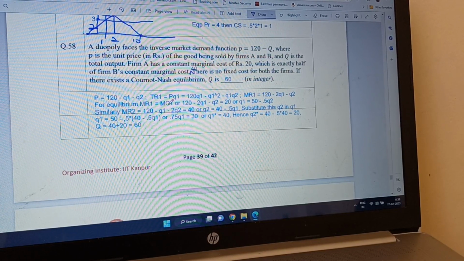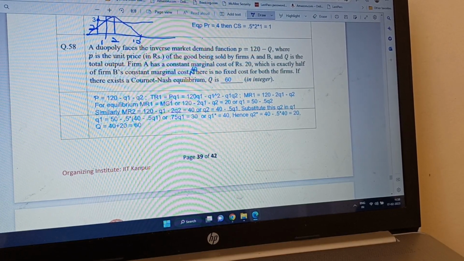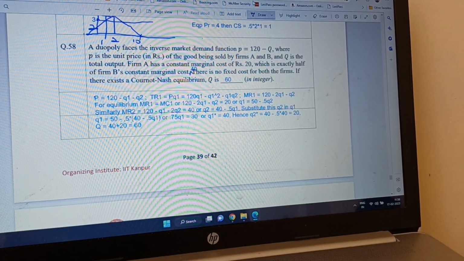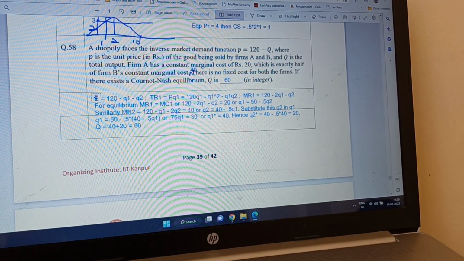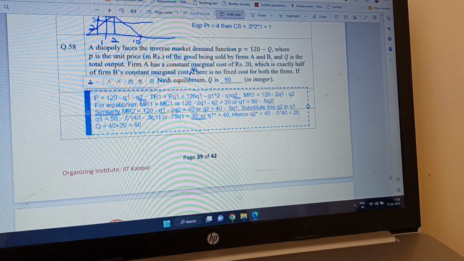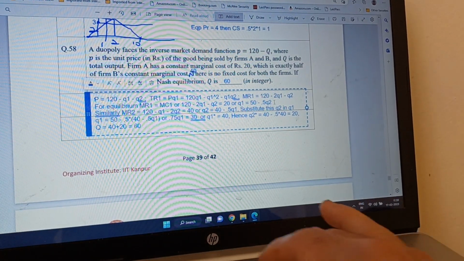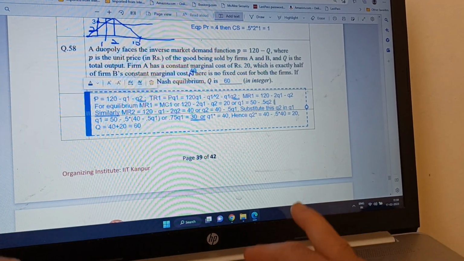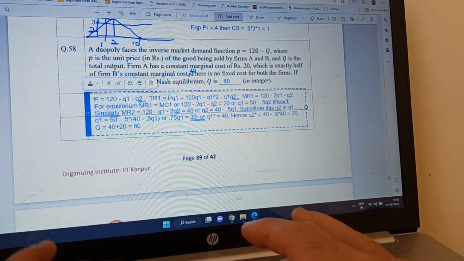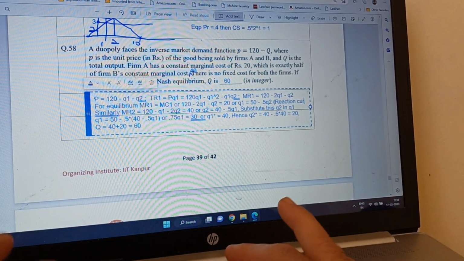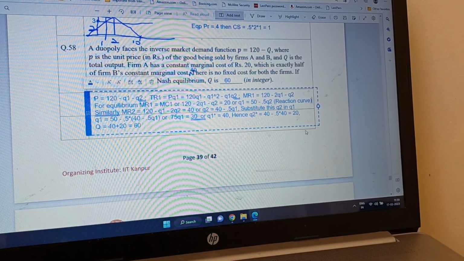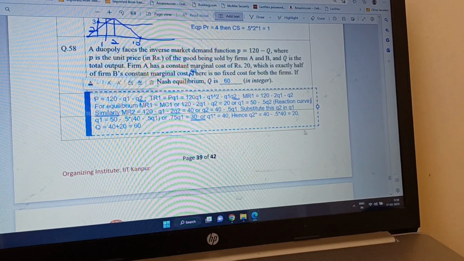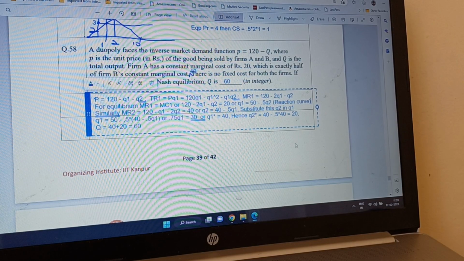This becomes our reaction curve, because here Q1 is a function of Q2. Let me just write it here for simplicity. This is not actually needed for faster solving, but since I am teaching, I am writing it for those who are not very proficient.